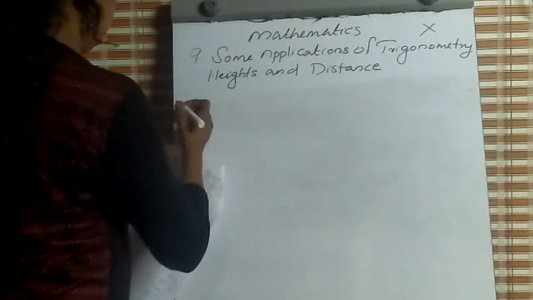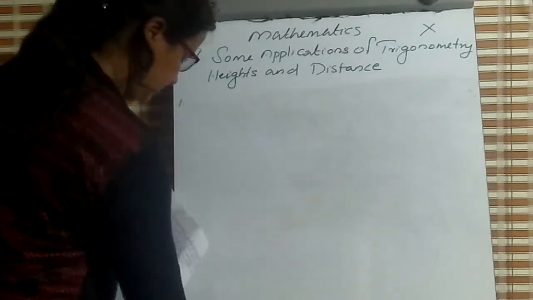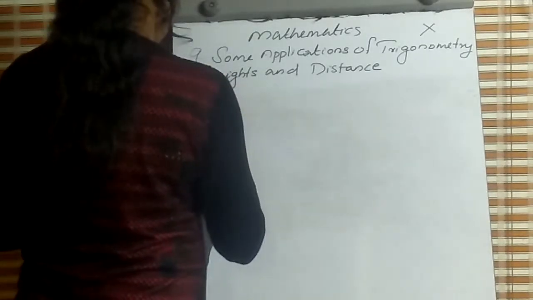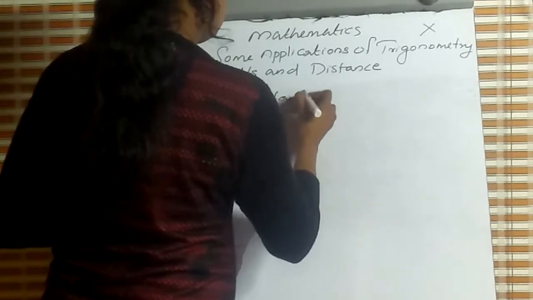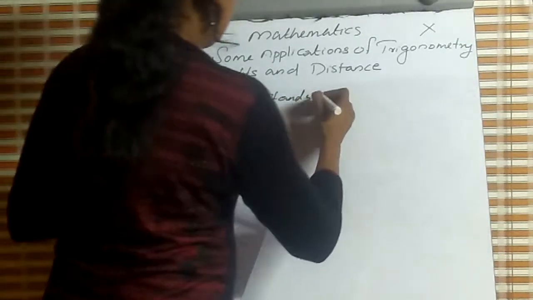Question 1. A tower stands vertically on the ground.